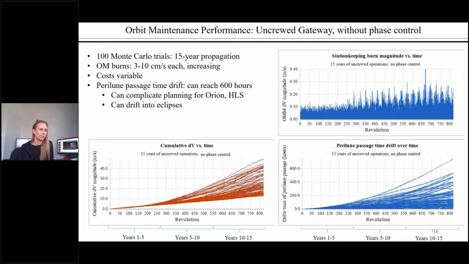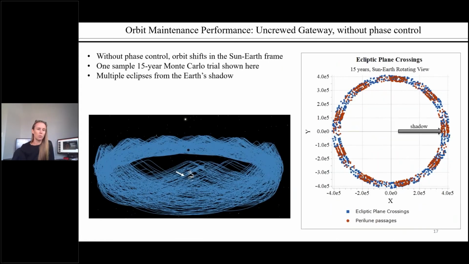For example, here's a single one of those 100 Monte Carlo trials that I've propagated. Basically I asked FreeFlyer to plot the spacecraft in blue if it's not in eclipse and plot it in white if it is in eclipse. And you can see right here where the eclipses happen. And you can also see that our nice pattern that avoided the x-axis here is gone.